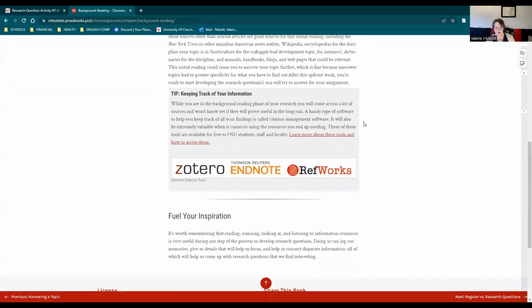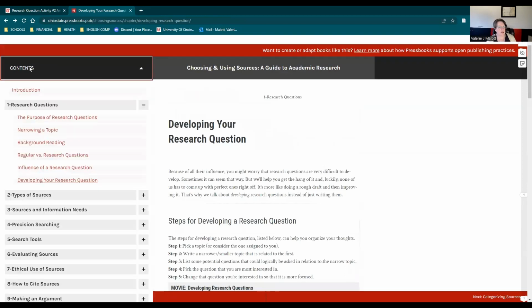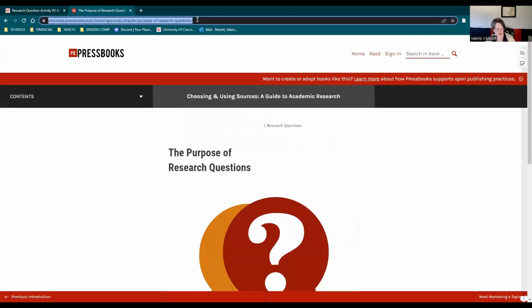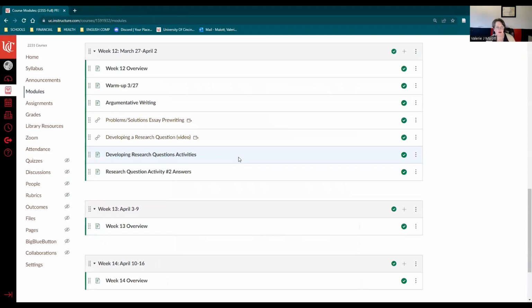So I don't know what they say about background reading. I guess they're just talking about doing some research to get some general knowledge before you go and dig deeper into your overall research. So yeah, let me copy that link and make sure that I link it in our Canvas page. So that is more or less the information on research questions and developing a research question.